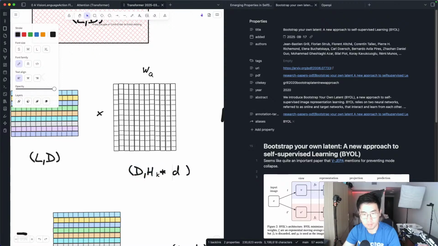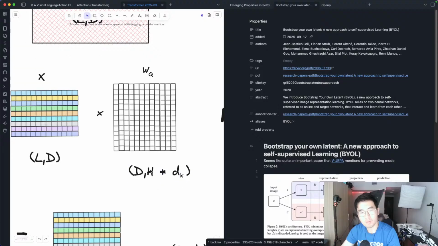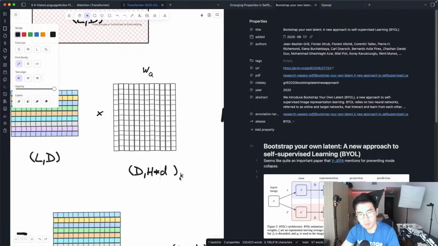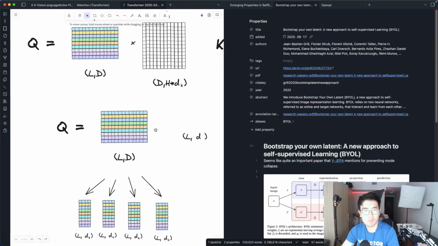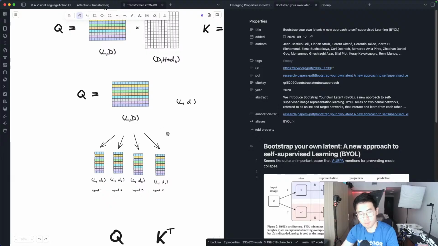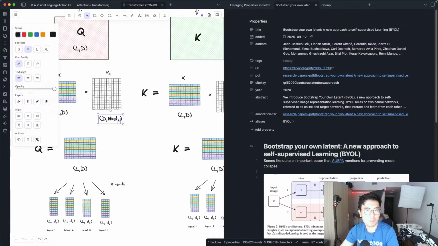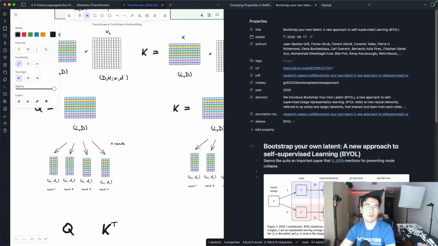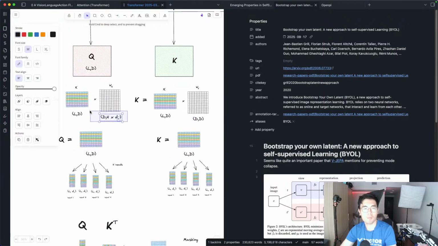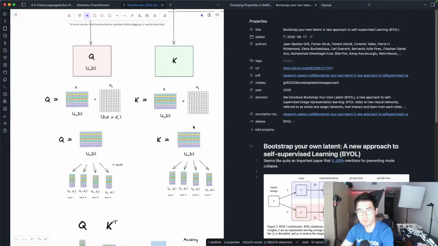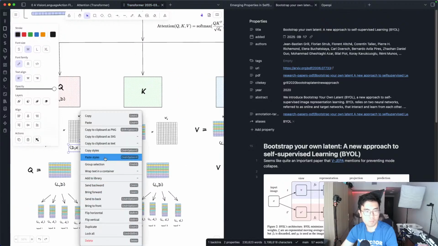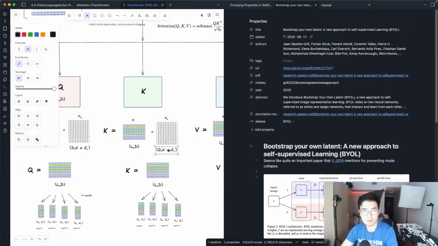So it's like H. Oh, is that X? Yeah, multi-head attention is just H by DK in this matrix.